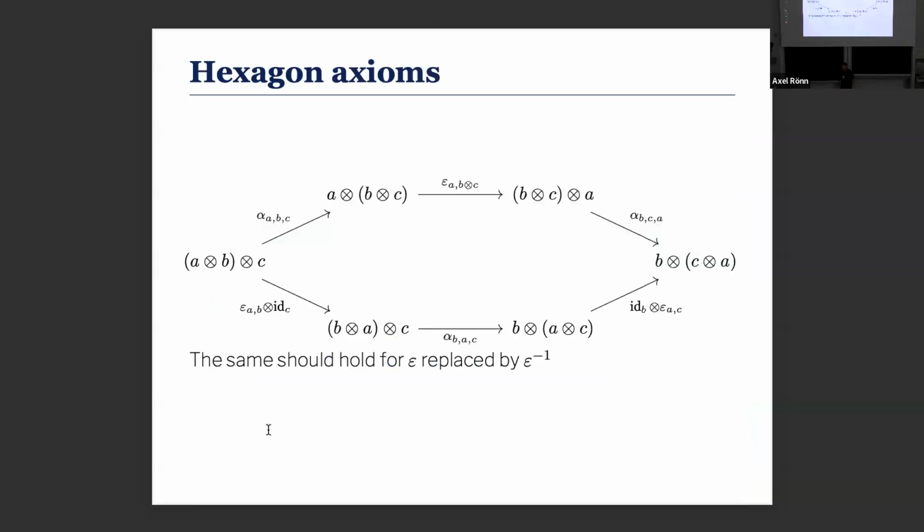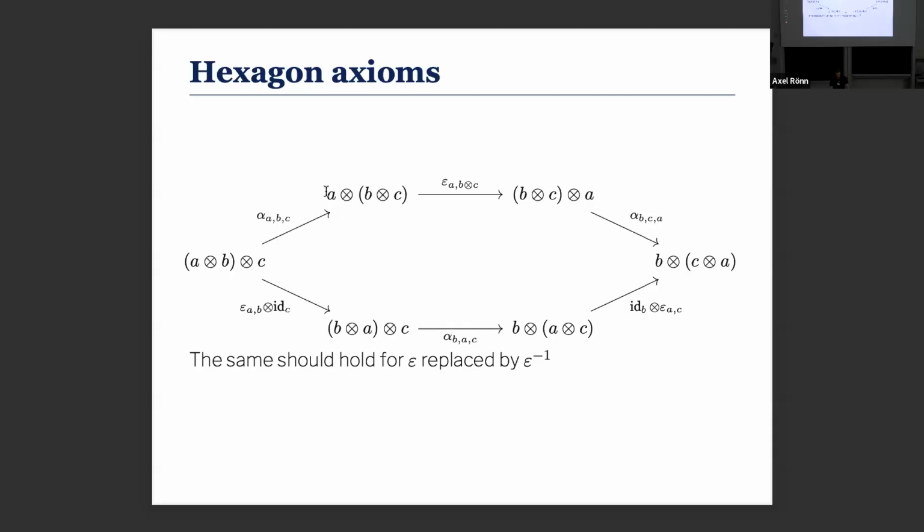Good. So I said my braiding should satisfy some axioms. These are the natural ones. Right. So this is in the general case, the non-strict category case, so I have to include these different bases, that's these maps, so ignore them for now.